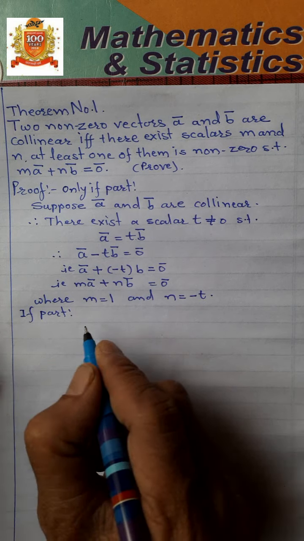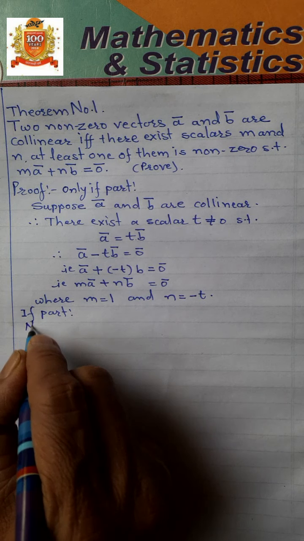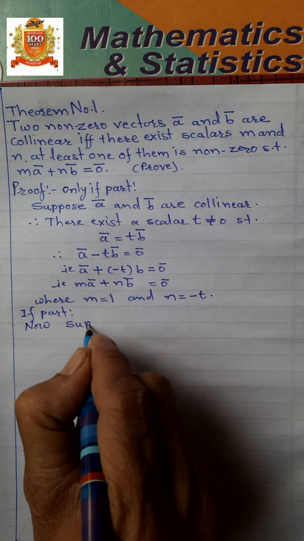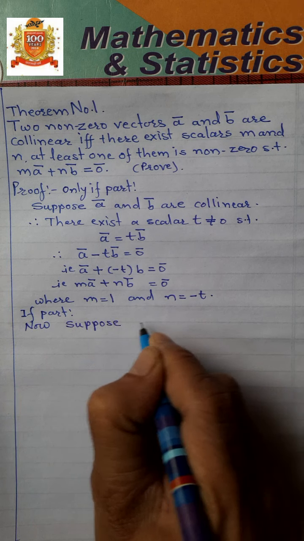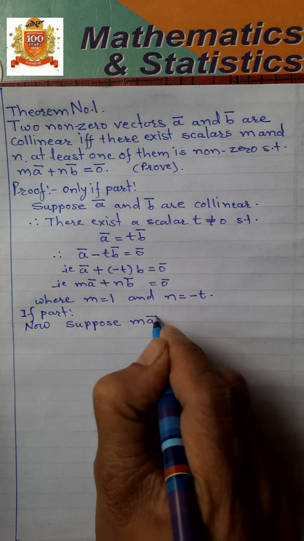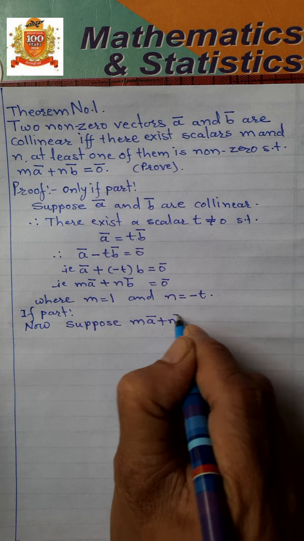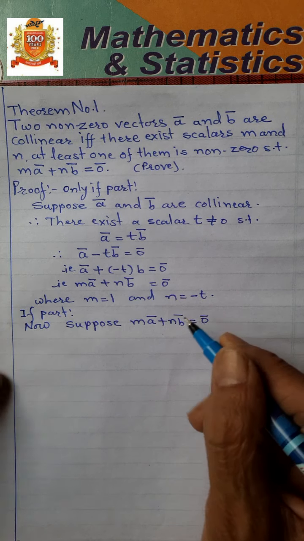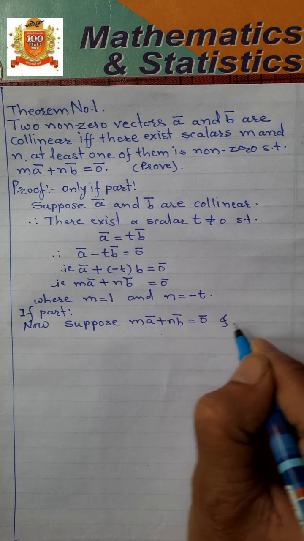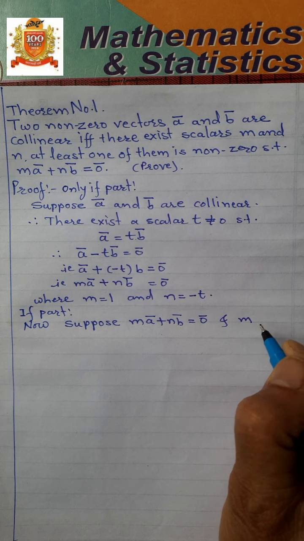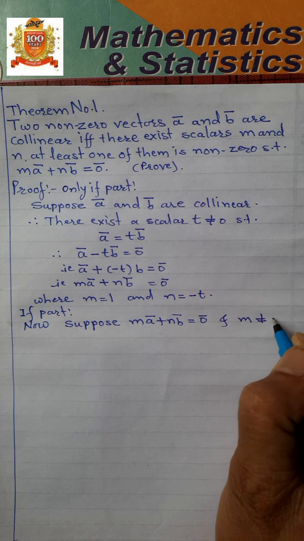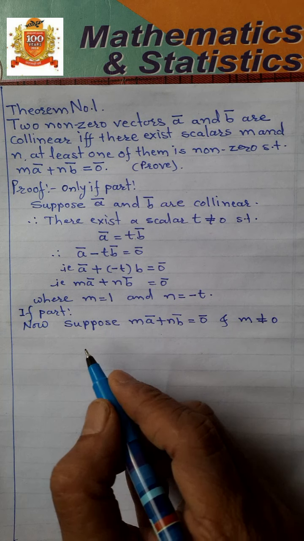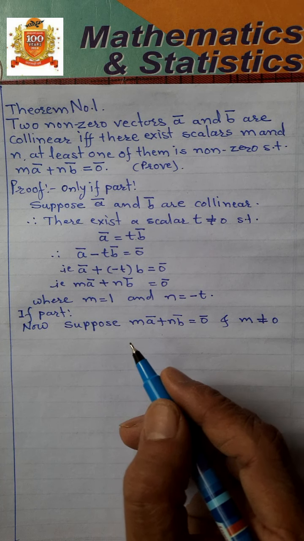Now suppose m a bar plus n b bar is equal to 0 bar and one of the scalars is not equal to 0, that is, m is not equal to 0. Then we have to prove that one vector is a scalar multiple of the other.